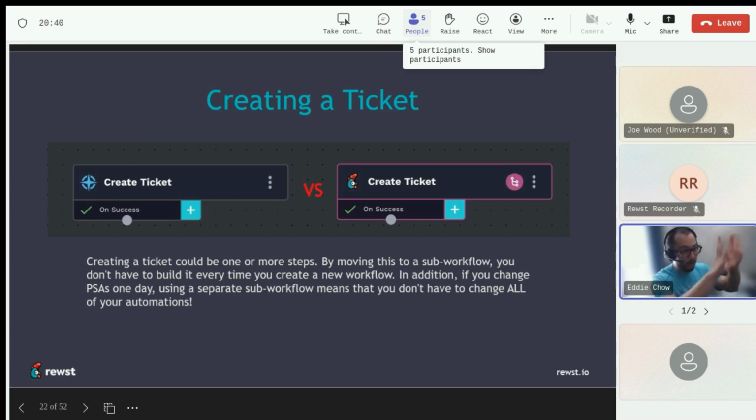And so all of those other steps to help us along the way are things that we might still want to do regardless of which ticketing system, which PSA, we're going to be using. And so this is a great example of using a sub workflow. You have all of those other steps contained inside of the sub workflow, right? And the only swap or change that you need to make is which PSA's create ticket you're going to use.